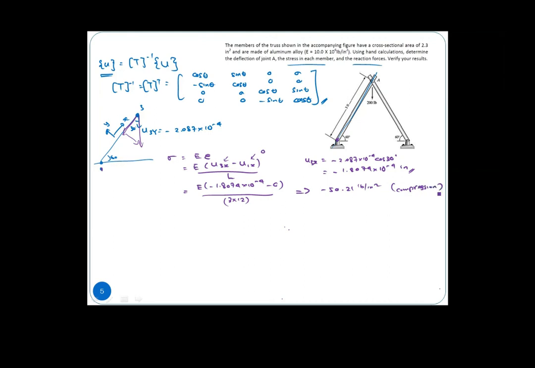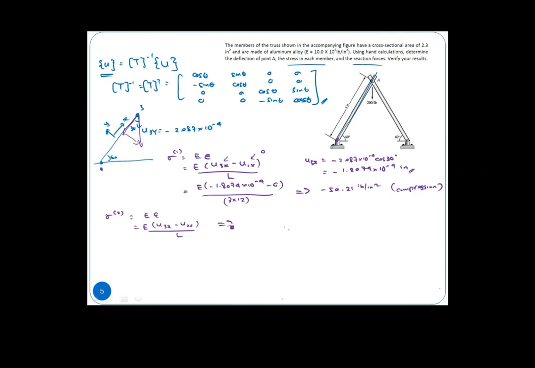So for element number 2, this is on member number 1. For member number 2, here will be given the same E will be U3x minus U2x, divided by L. Again our U3x is the same.